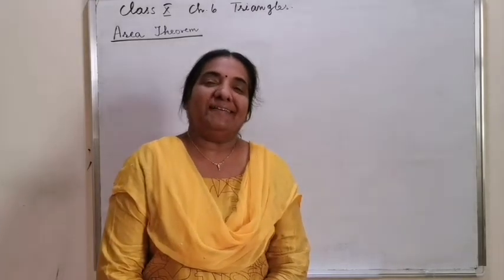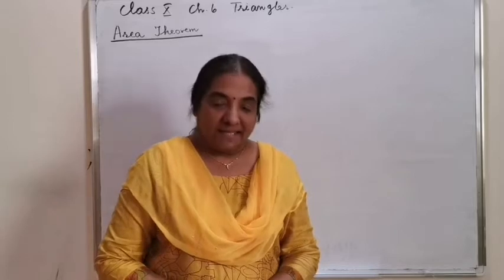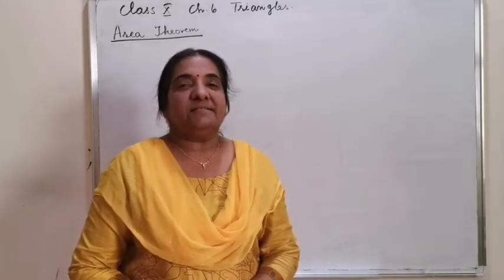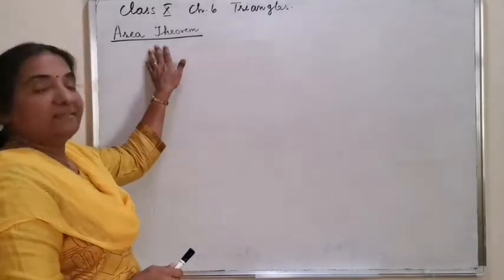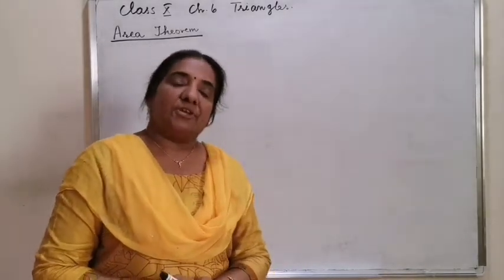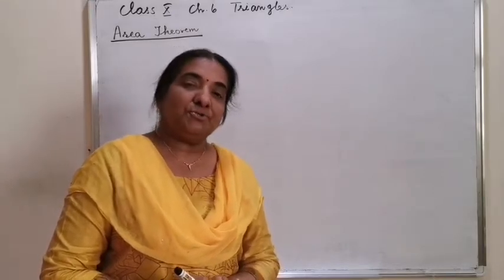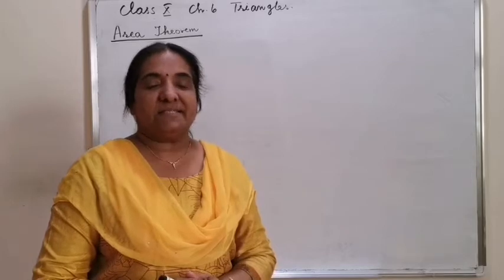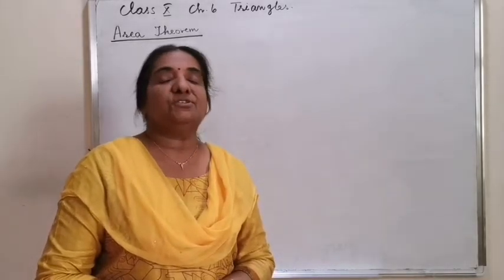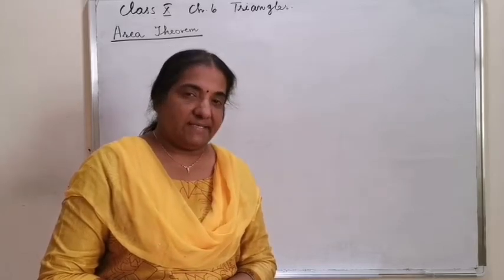Good morning, children. Today's class is based on the second theorem in the lesson, the triangles area theorem. The statement is, the ratio of areas of two similar triangles is equal to the ratio of squares of any two corresponding sides.